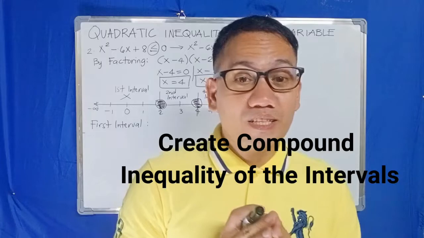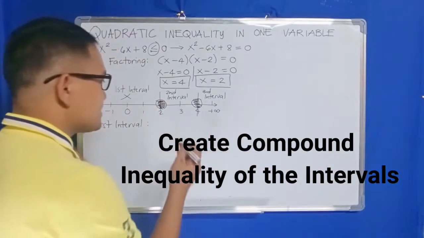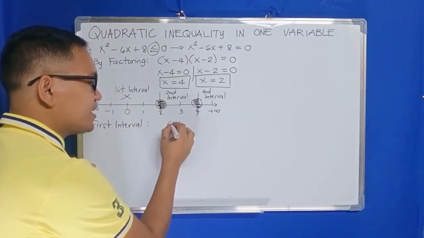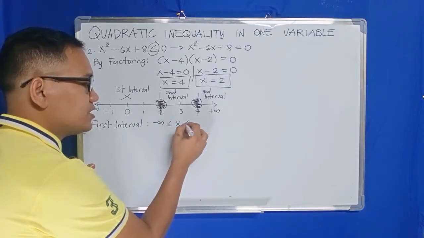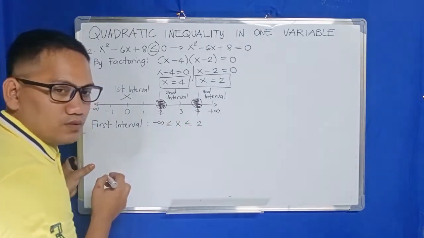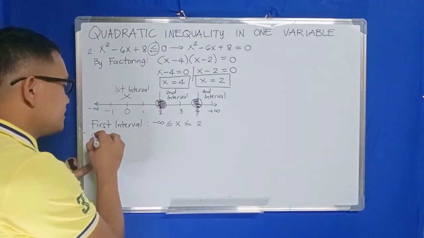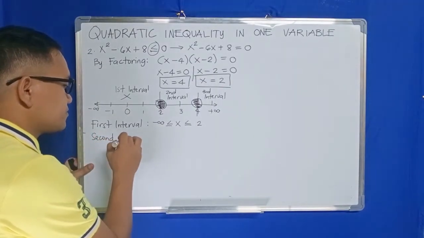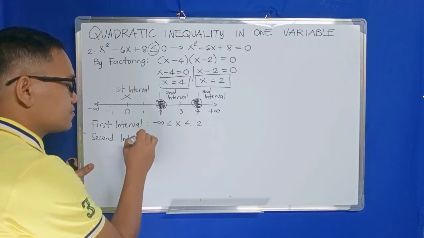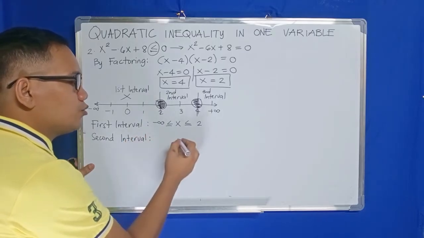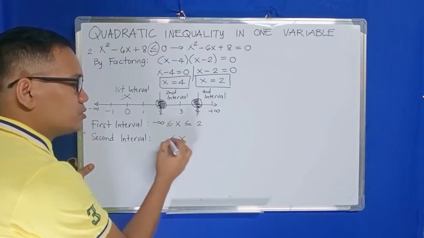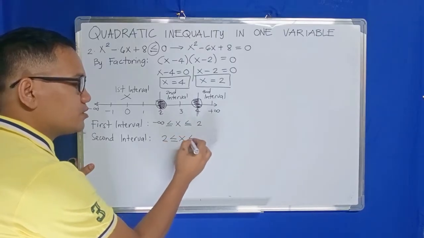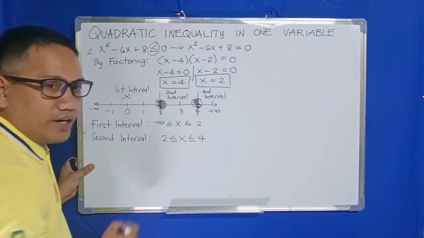To write our compound inequality for our first interval, we can say x is greater than or equal to negative infinity, but less than or equal to positive 2. For our second interval, our compound inequality would be x is greater than or equal to positive 2, but less than or equal to positive 4.